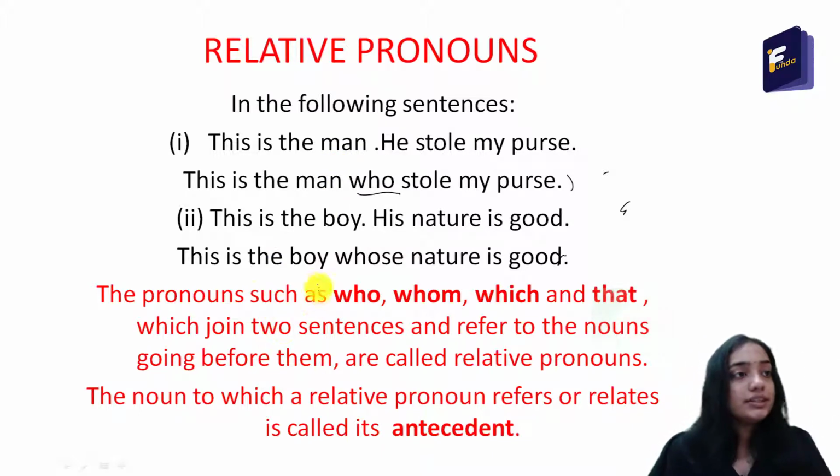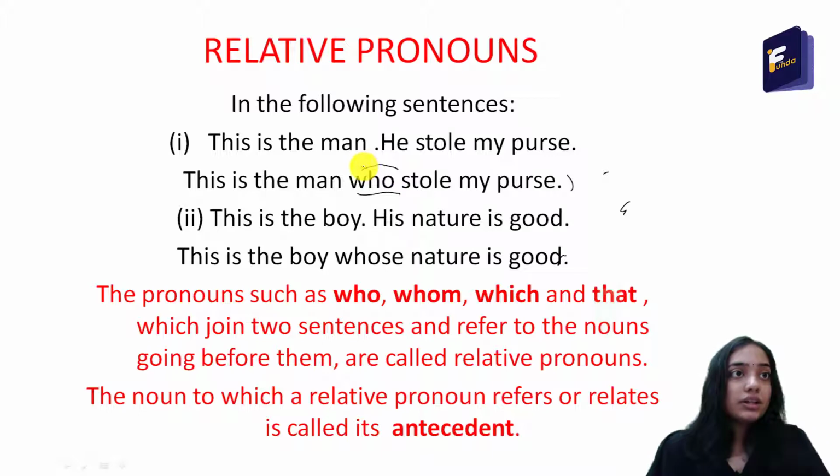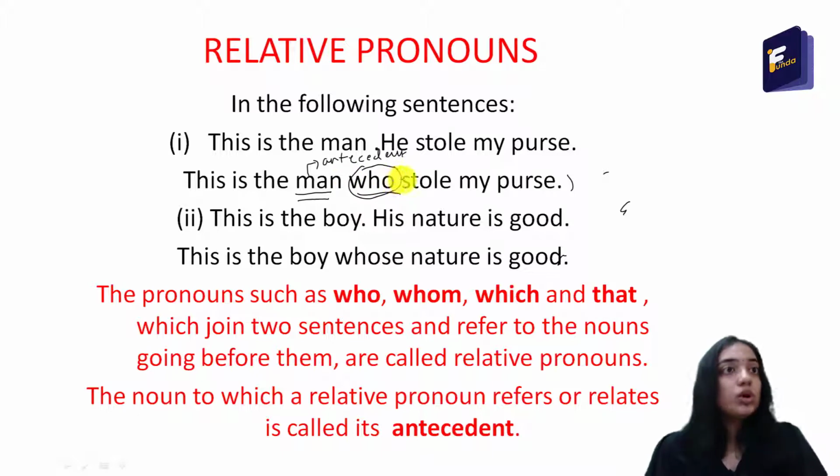Here it is written the noun to which a relative pronoun refers or relates is called its antecedent. So here the pronoun who is referring to the noun man, so man is the antecedent. Okay, so the noun man is the antecedent of the pronoun who.